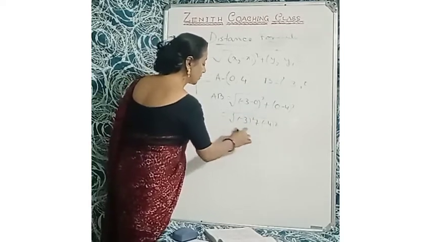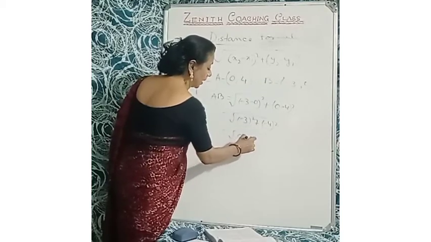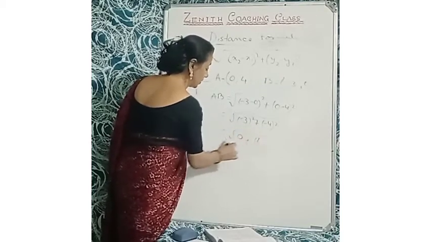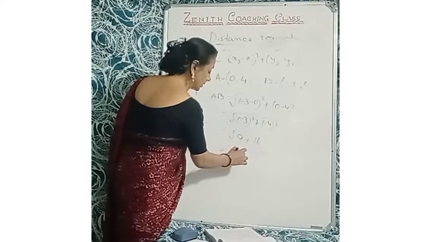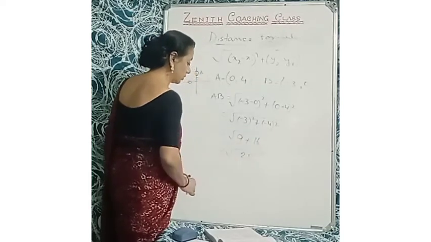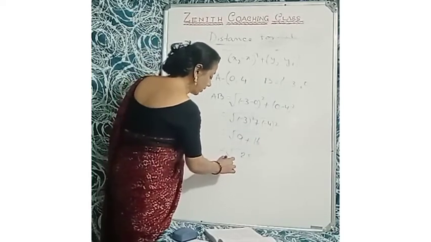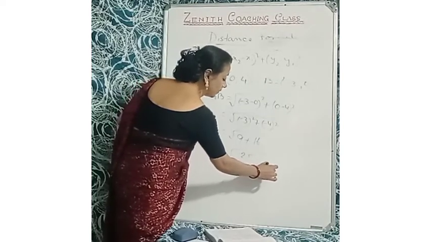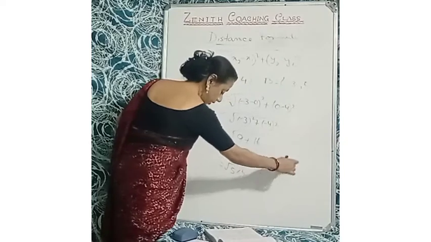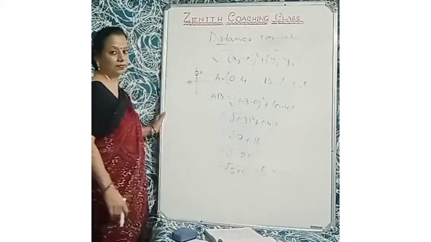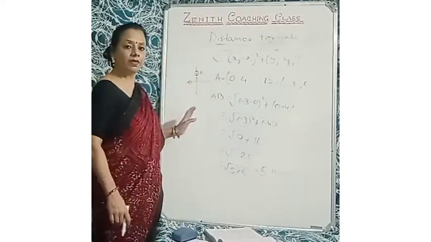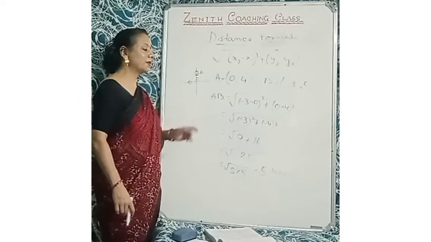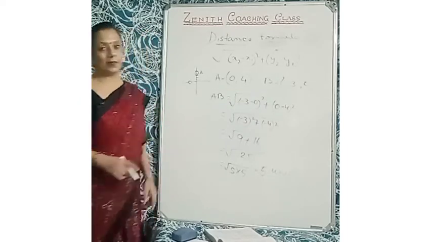Minus 3 square is 9, plus minus 4 square is 16. So 9 plus 16 is 25. Then root over 25 equals 5 multiplied by 5, that is 5 units. That is the answer. So easy sum or tough sum? Easy sum. Please observe the sum. I'll go to the next sum.